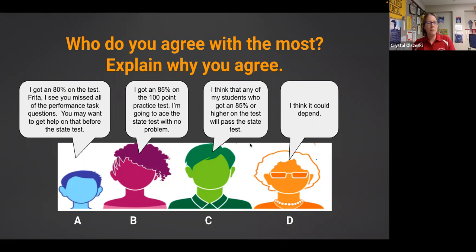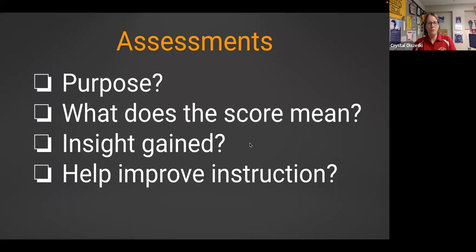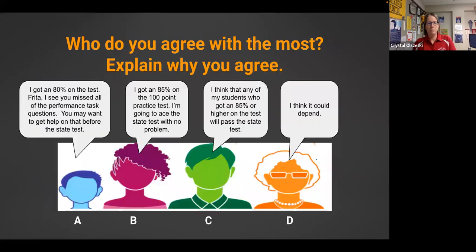In thinking about that, it depends on what the performance task question is that you are completing. For example, in A, they got 80% on the test, but they missed all the performance task questions.